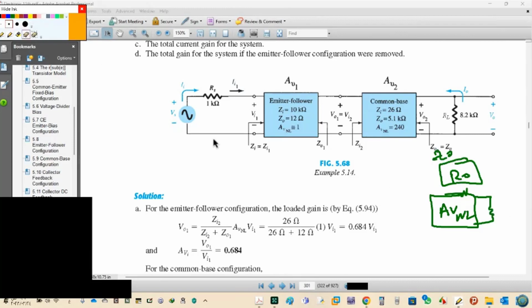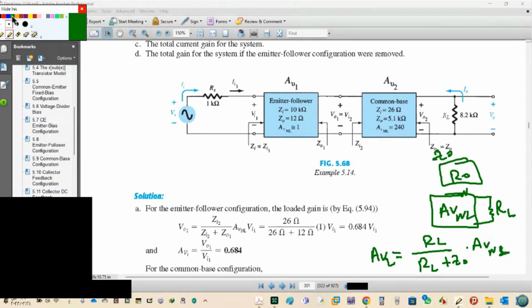This is RL, the load. Now totally AV load equals R load over R load plus ZO or RO, multiplied by AV no load.